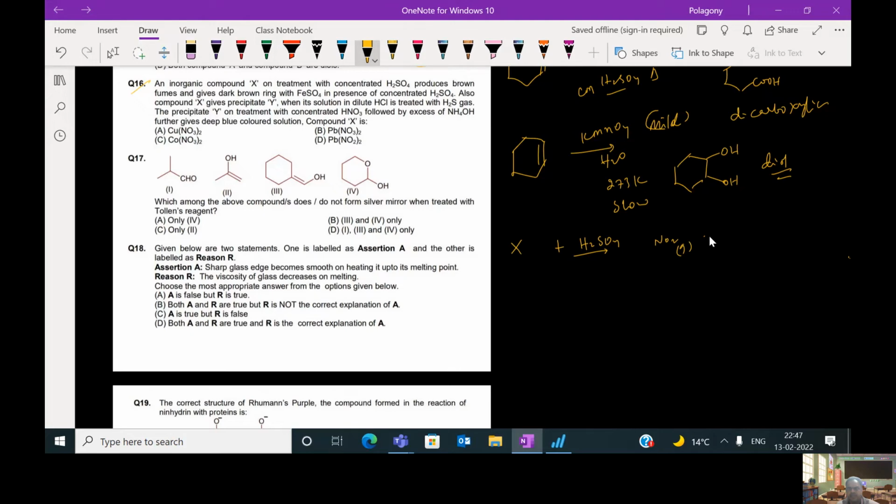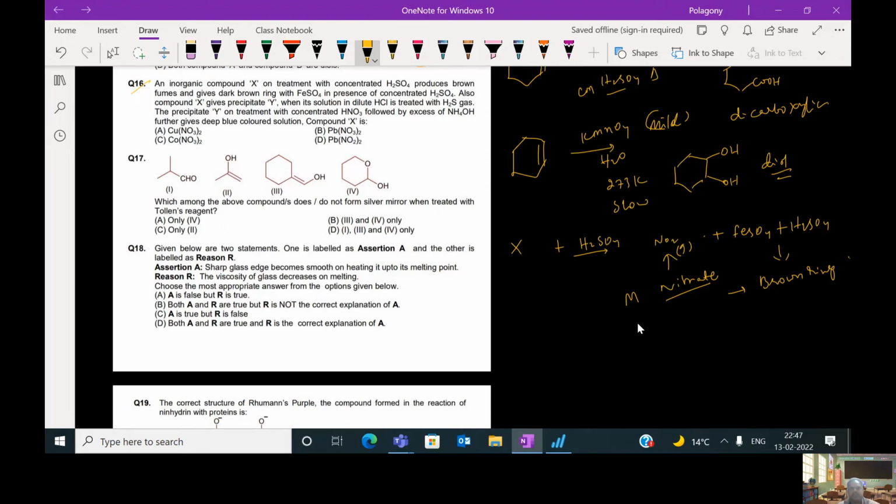So with ferrous sulfate and concentrated sulfuric acid H2SO4, it gives a brown ring. The compound giving the brown ring test is a nitrate salt, and a metal nitrate salt upon heating gives reddish brown NO2 gas.